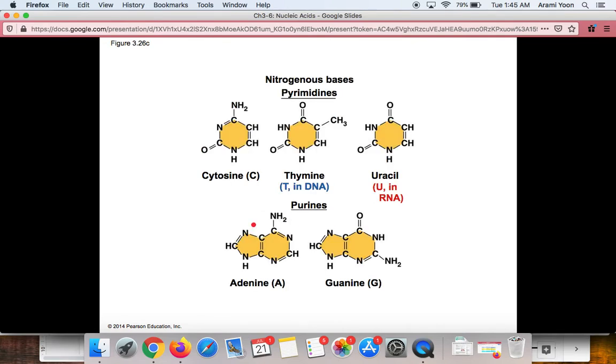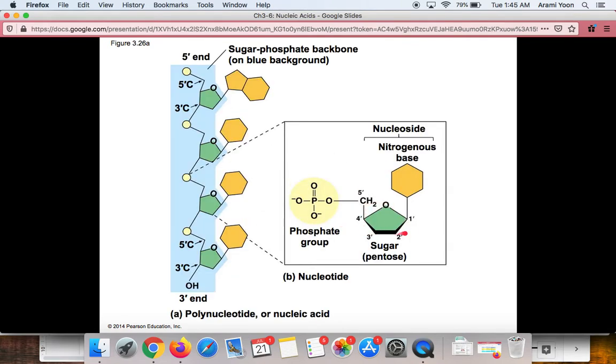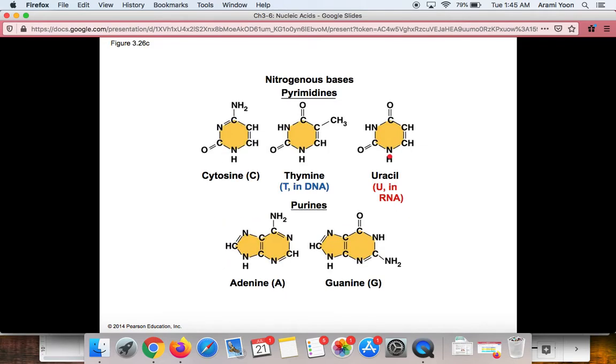Okay, so remember that in addition to the pentose sugar and the phosphate, you have the nitrogenous base, and there are 5 types of nitrogenous bases. Cytosine, thymine, and uracil are all single ring nitrogenous bases. They're called nitrogenous because they have nitrogens in them, as you can see.